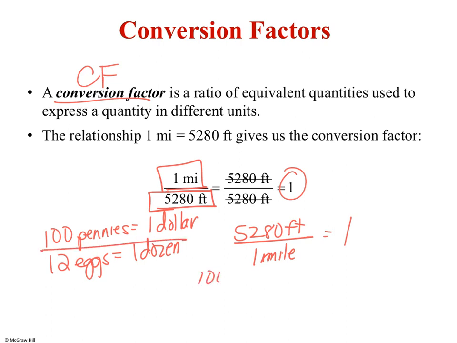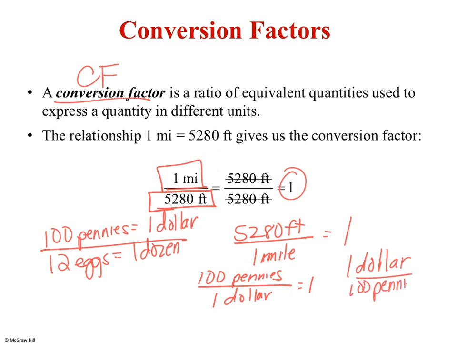Here you can have 100 pennies in $1. That equals 1. Or you could say $1 on top over 100 pennies, equals 1. You can say 10 decimeters are in 1 meter. That equals 1. Because remember, deci is small and deci means 10. So we need those conversion factors in order to convert one unit into another.